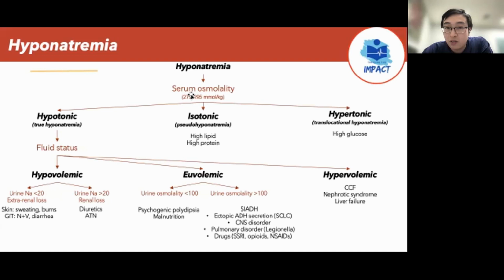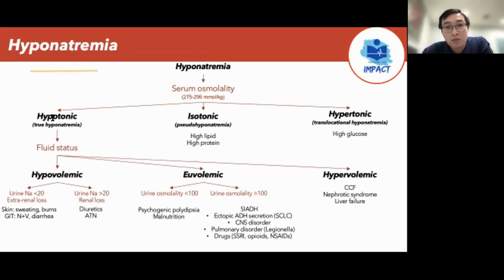It's not like there's not enough sodium in the blood, it's just a lab error, and we don't really worry about it. Obviously, high protein might be concerning for other reasons, like multiple myeloma. But generally, the hyponatremia is not physiologically relevant.